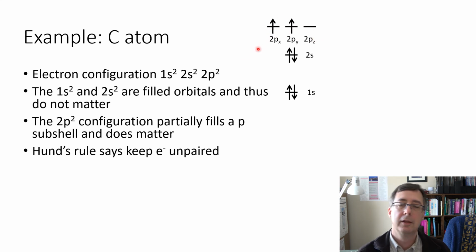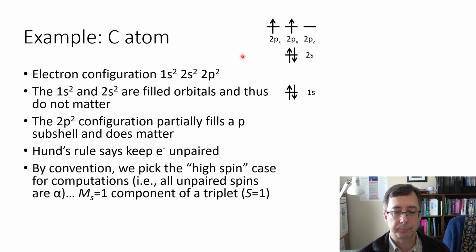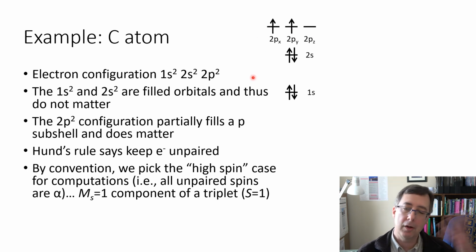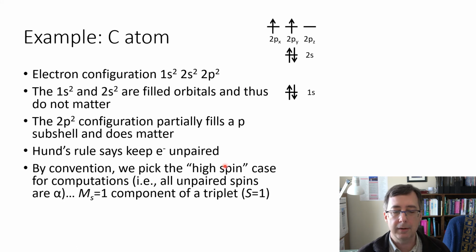I've only got 2. So it looks like that. And again, by convention, when I draw these diagrams, I'll typically start putting alphas instead of betas, just because that's kind of the arbitrary choice we make. The programs wind up also doing the same thing internally.